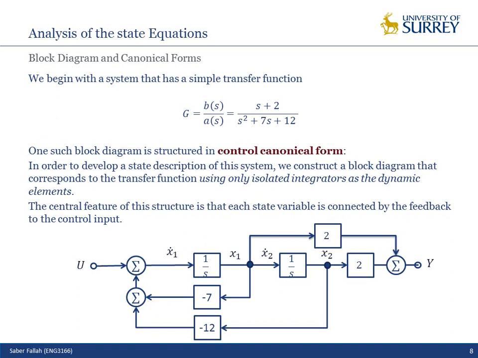And let's start from here. x1 is equal to 1 over s times x dot 1, which is equal to 1 over s times minus 7x1 minus 12x2 plus u. Oh, sorry, I made a mistake, here is 1 over s.